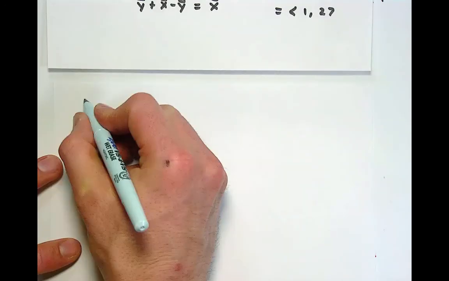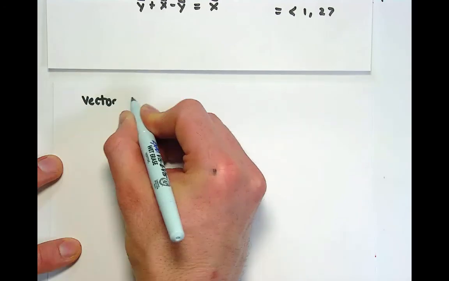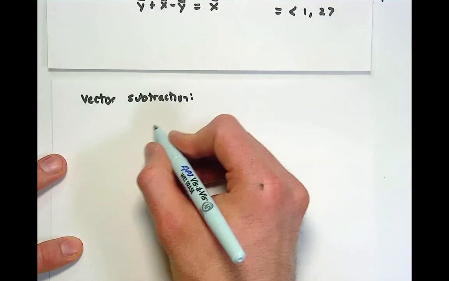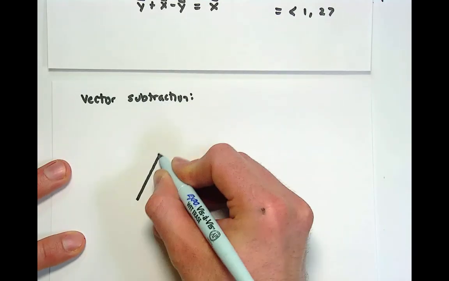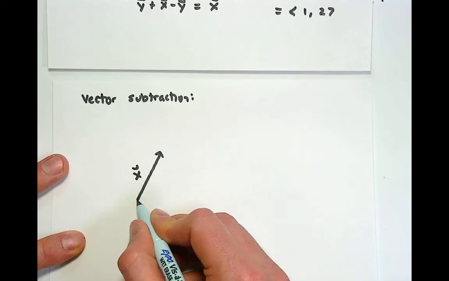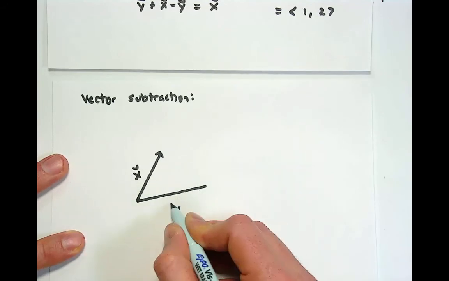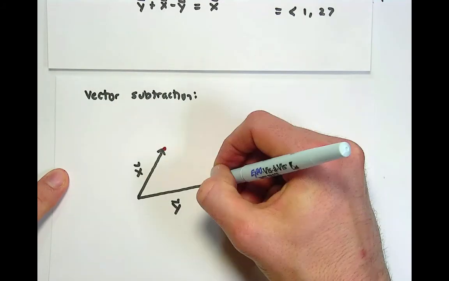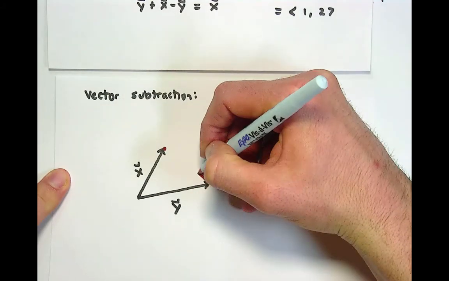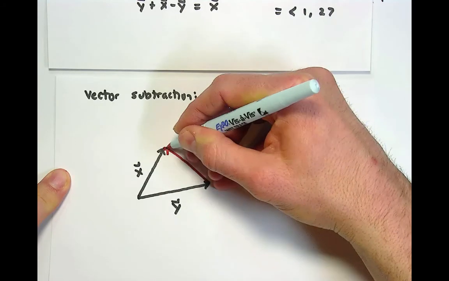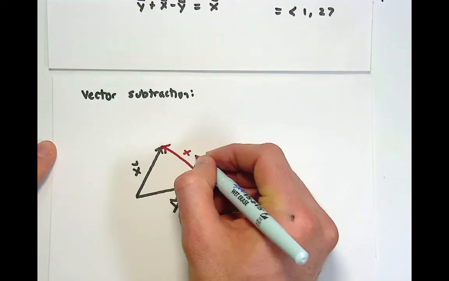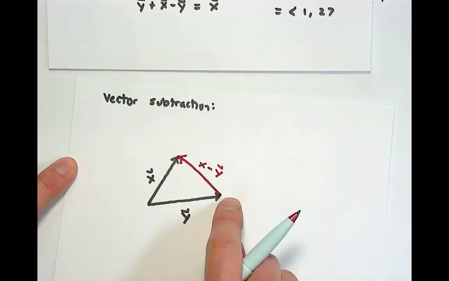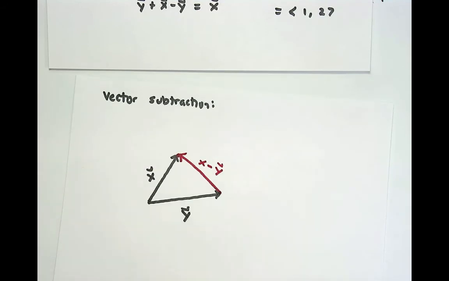So in general, the diagram for vector subtraction is, let's call this x, and let's call this y. The vector going from y to x this way would be x minus y, because if I added y to x minus y, I get back to x.